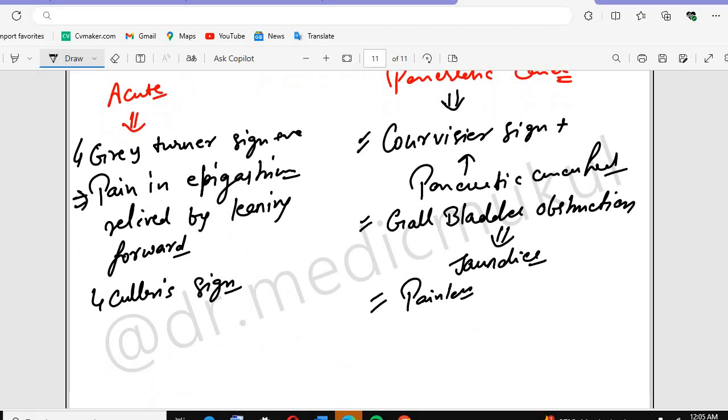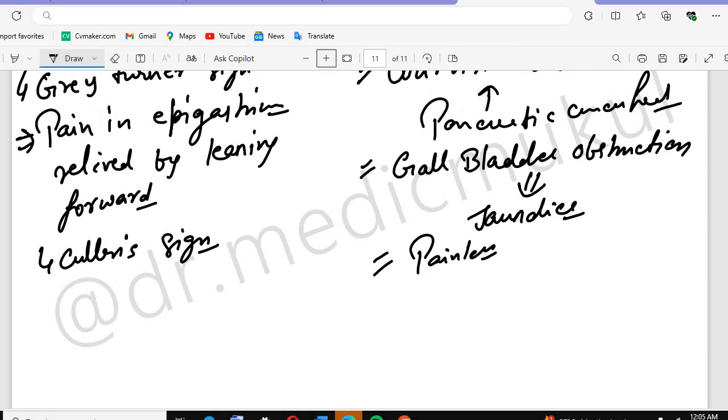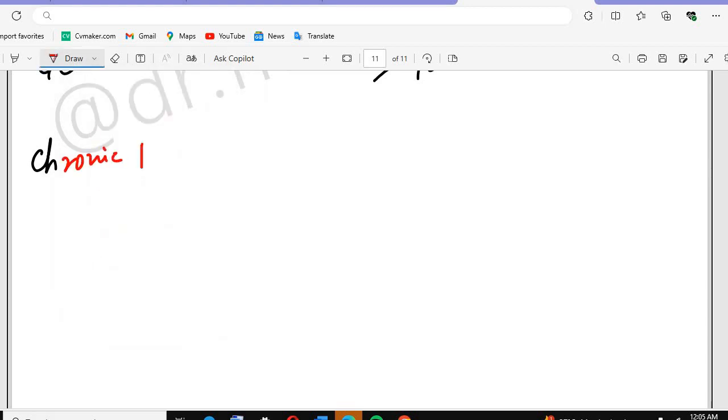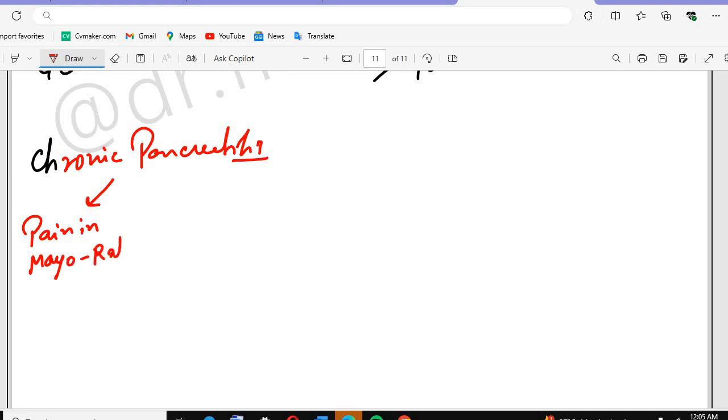Other than pancreatic cancer and acute pancreatitis, we can have chronic pancreatitis. In chronic pancreatitis, remember, there would be pain at the Mayo-Robson point, at the pancreatic tail.